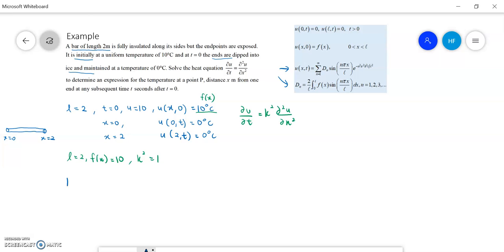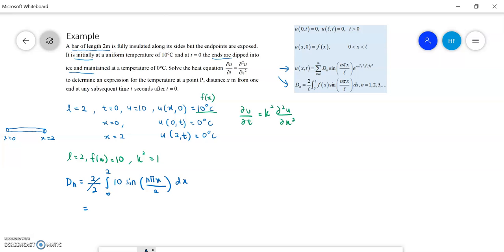Now we get Tn, which equals 2 over L, integral from 0 up to L, which is 2, of f(x) which is 10, times sin(nπx/L) dx.